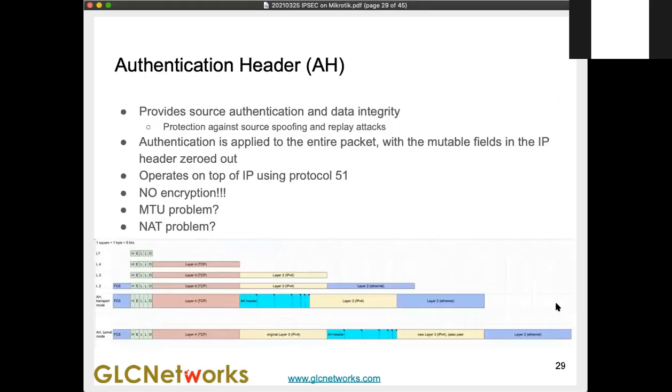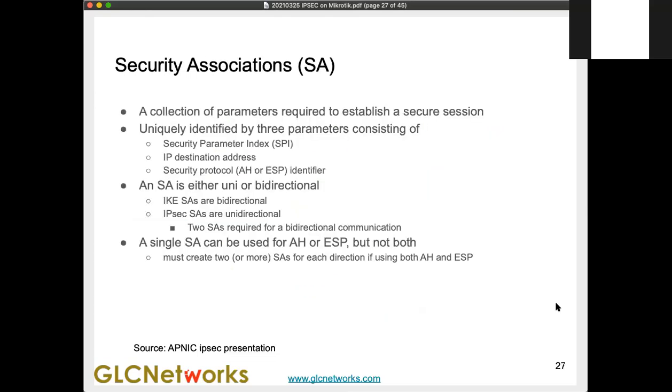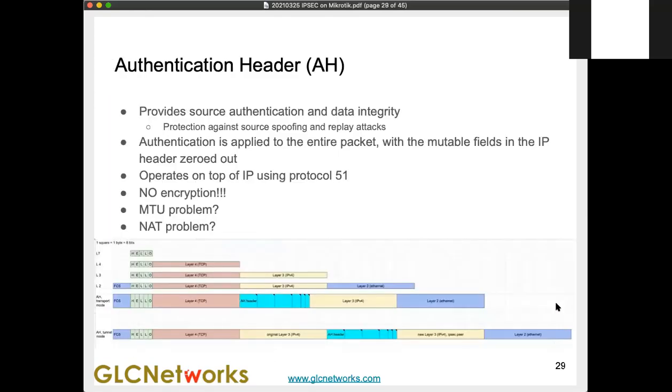As I said previously, we have two options, either AH or ESP. This is the authentication header if we use it. Hopefully you can see here, it provides authentication and data integrity. This is the data that you are sending, for example hello.